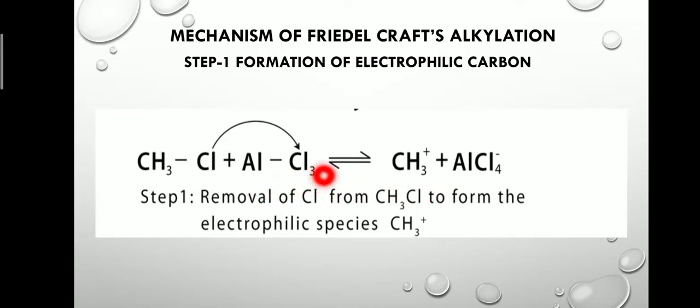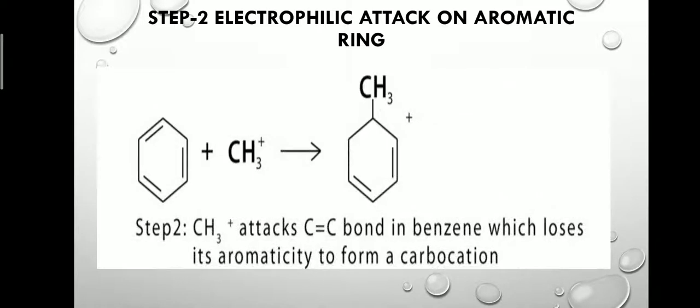From the complex, the chloride ion will be lost, and it results in the formation of an electrophilic species, CH3 plus. That is where the carbocation is formed. The next step is electrophilic attack on the aromatic ring. This electrophile will be added across the double bond.